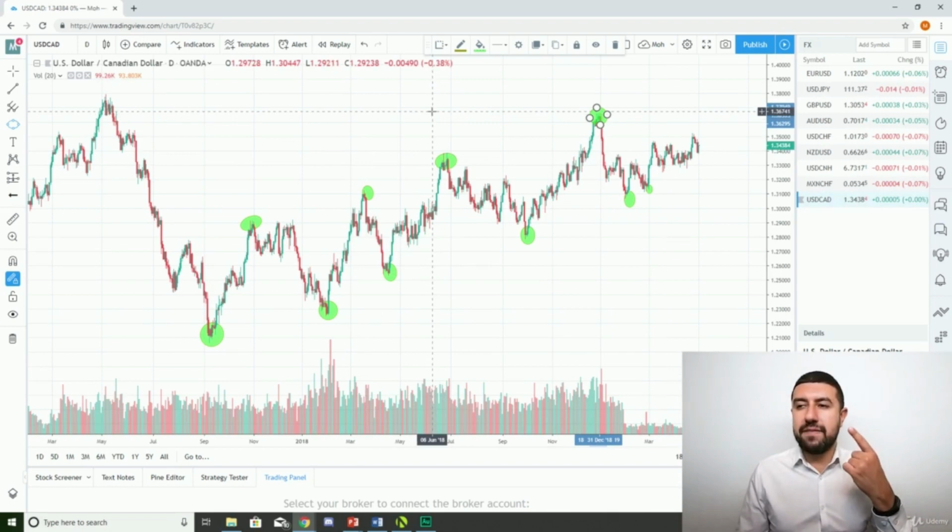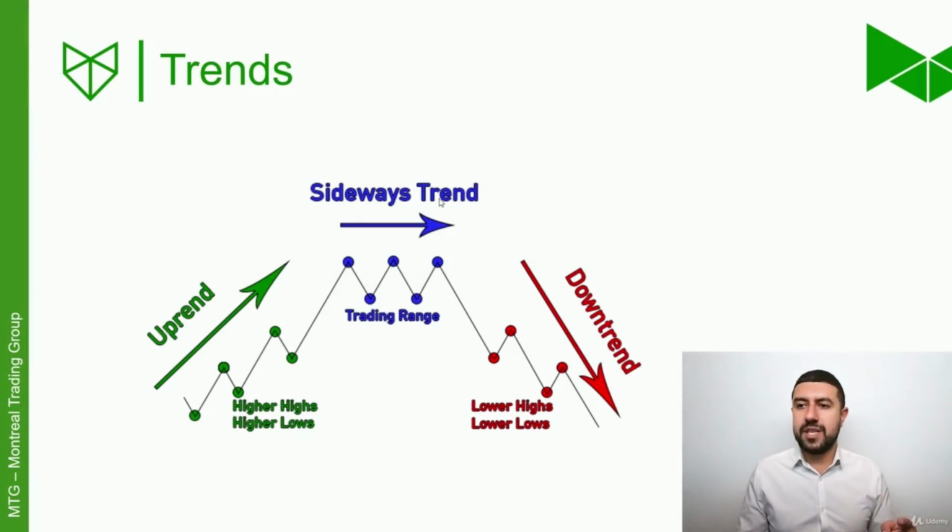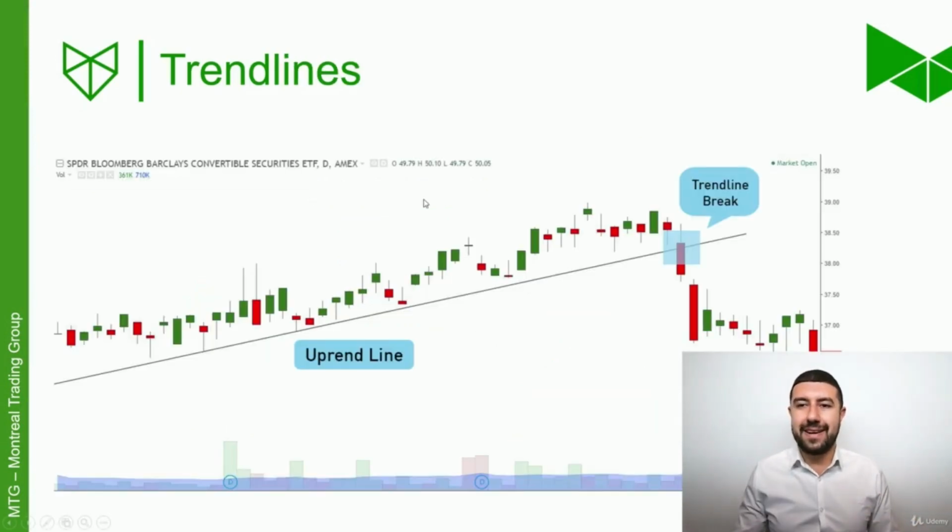Now, to be able to have a better idea on this, what we usually do is we draw a trend line. So a trend line is basically just a line that we draw on either all the lows or all the highs. I'll explain the highs later, but let's say on all the lows for now. And this trend line makes us really see the direction of the trend and when the trend breaks.